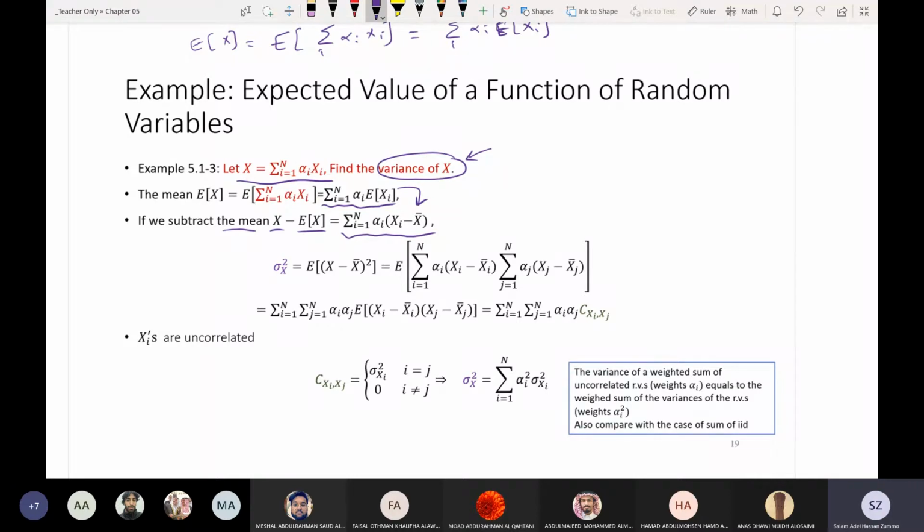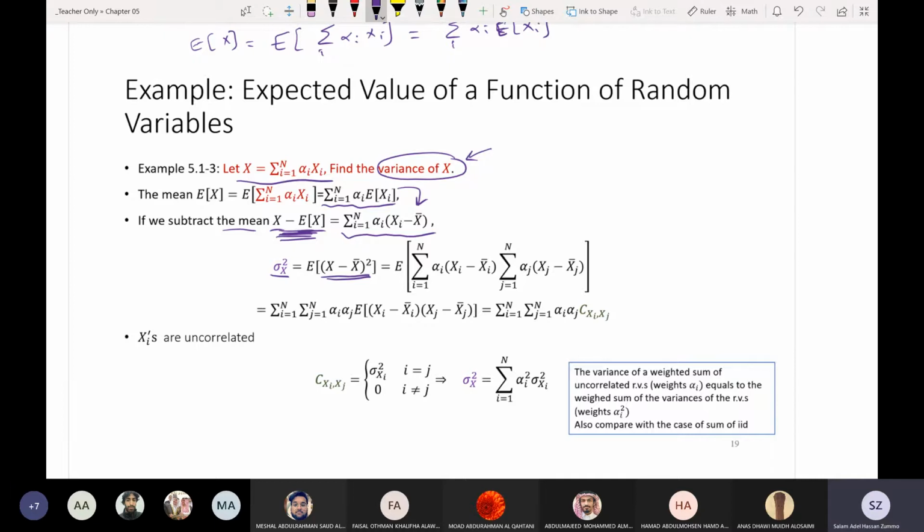Now, if I want to find the variance, I simply need to find the expected value of x minus x bar all squared, which is this one. This is by definition the variance of x: expected value of x minus x bar, the whole square.